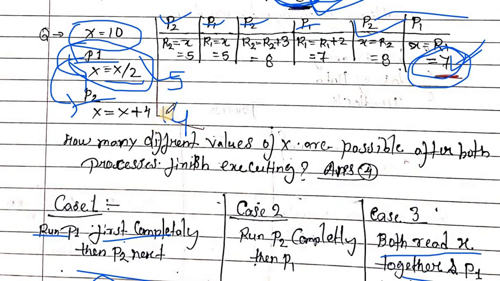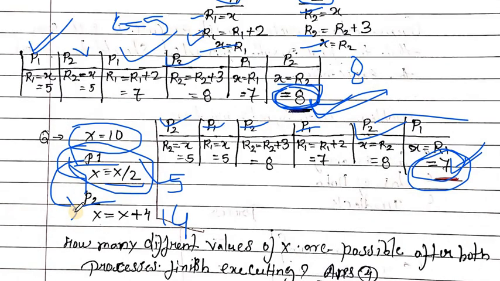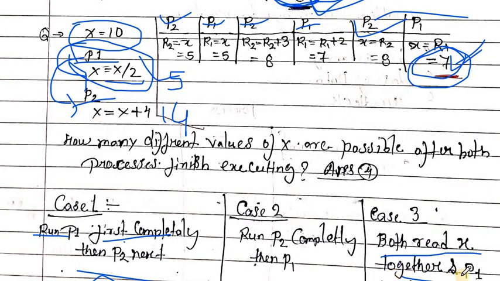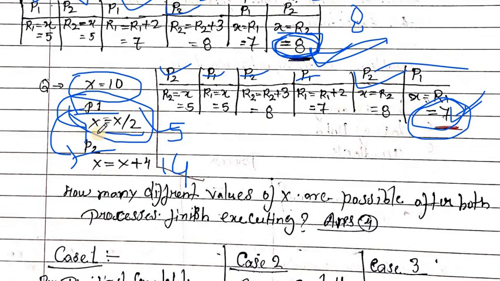Okay. So here when P2 and P1 read together and P1 finishes last, P2 will give result 14 and P1 will give result 5.